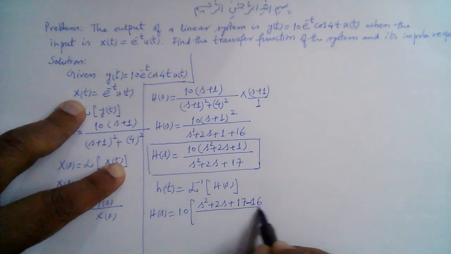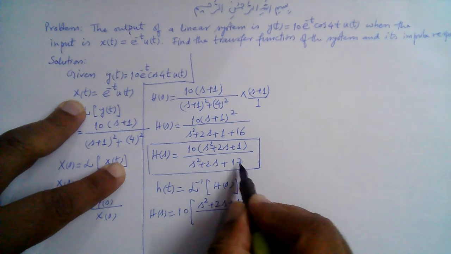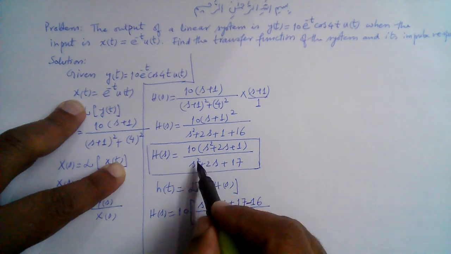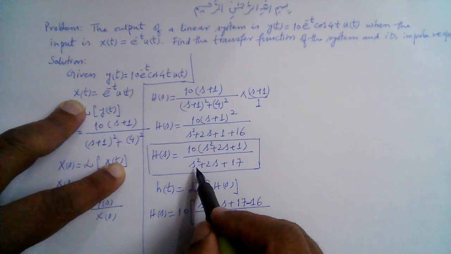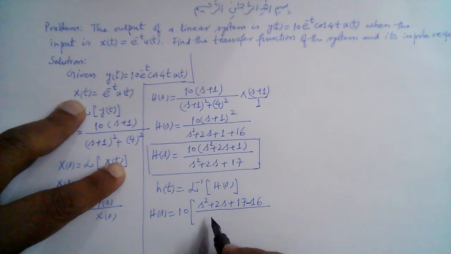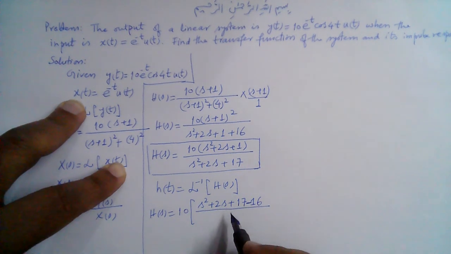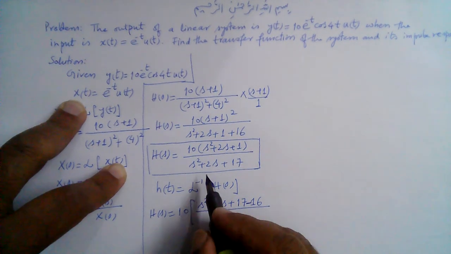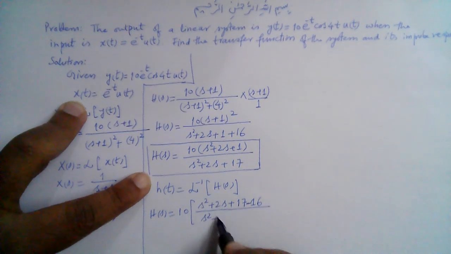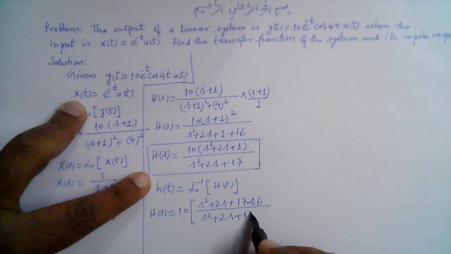Why would we write this? Because the denominator here is s square plus 2s plus 17. So the degrees of both the numerator and denominator are the same. So we need to write it in such a way that we can apply the partial fractions, and then we can find out the inverse Laplace transform. So this is s square plus 2s plus 17, right?